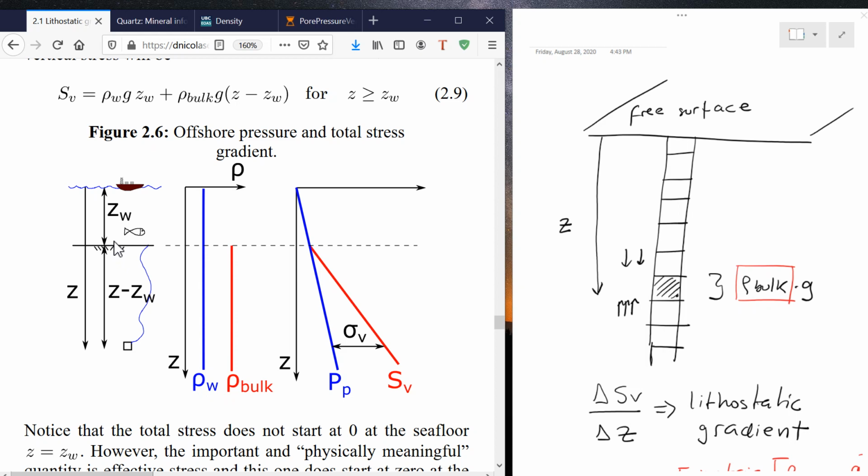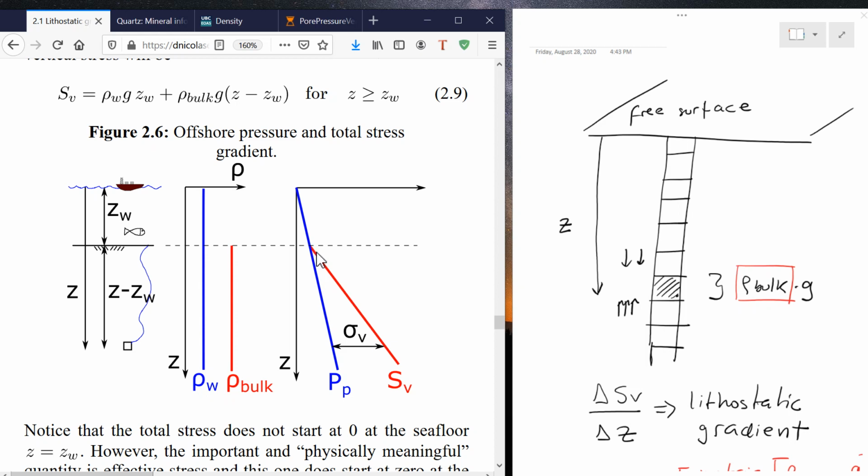Okay, the answer to that question is related to the effective vertical stress. Actually, here at the bottom of the ocean, the effective vertical stress is going to be zero. This is the difference between the total vertical stress and the pore pressure. And what that means is that there is nothing holding that sand attached to the bottom of the ocean.